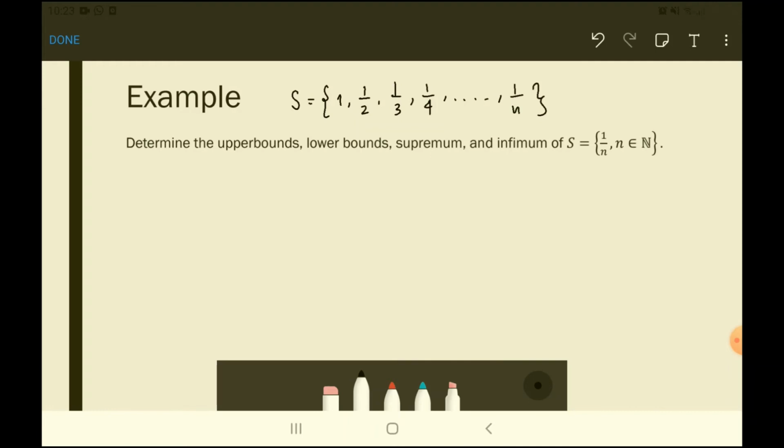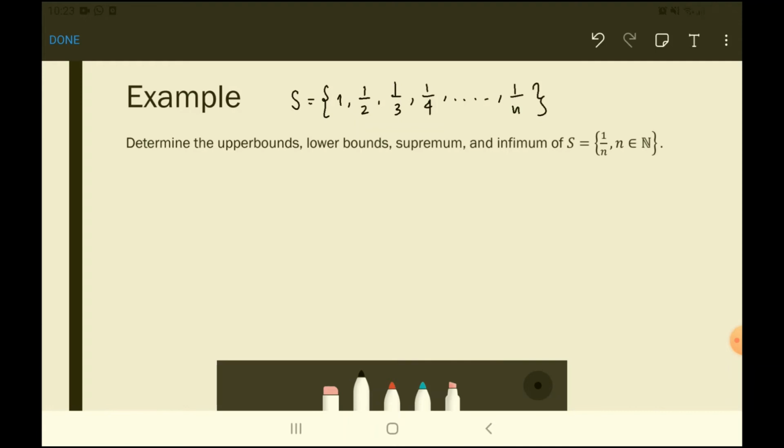Now, when we try to understand this, if we put the elements in order, we know that 1 will be the element with the greatest value, because 1 half is less than 1 and 1 third is less than 1 half.